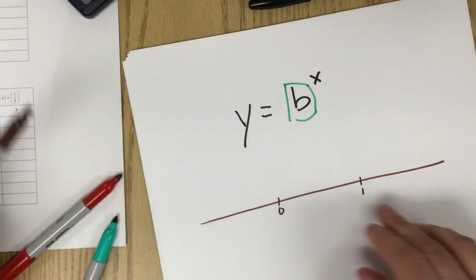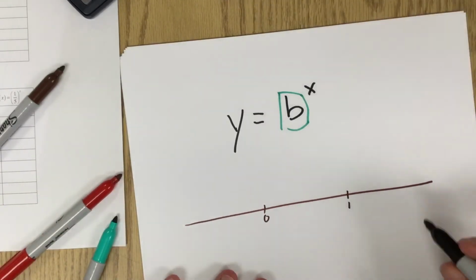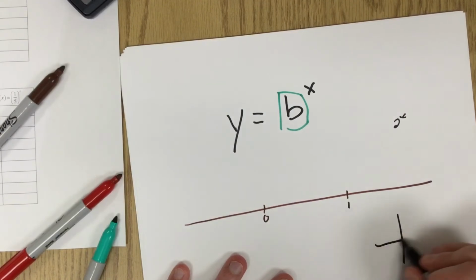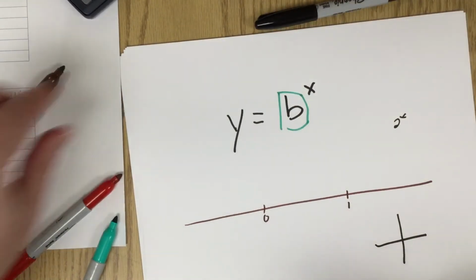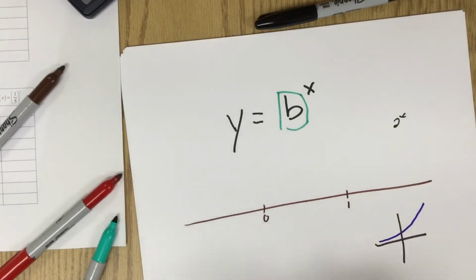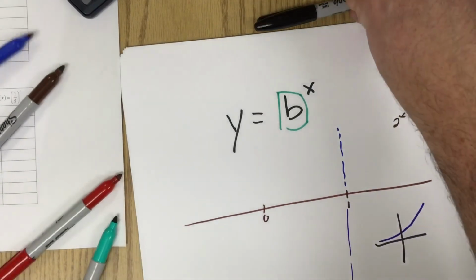If b is more than 1, so if b is 1.3 or 2, like 2 to the x, then the graph looks like something that's increasing.